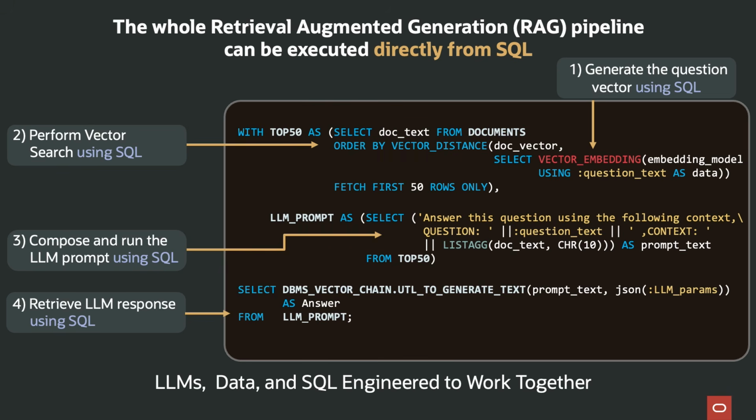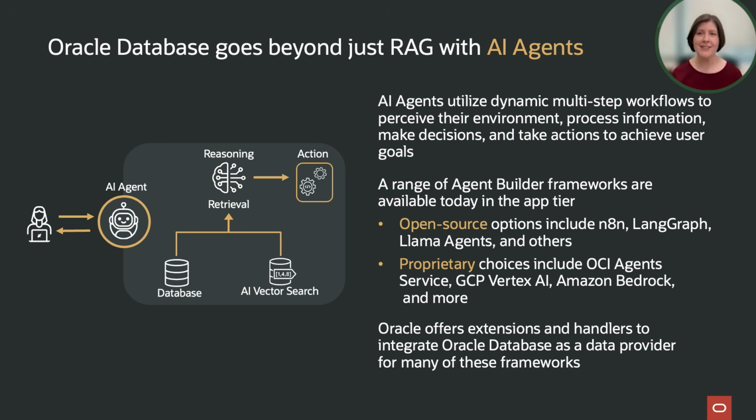So this is a unique capability where you can combine vector search, prompt construction, and LLM interactions all inside the same SQL statement. A very compact representation of what could be several hundred lines of programmatic code. That's super impressive.